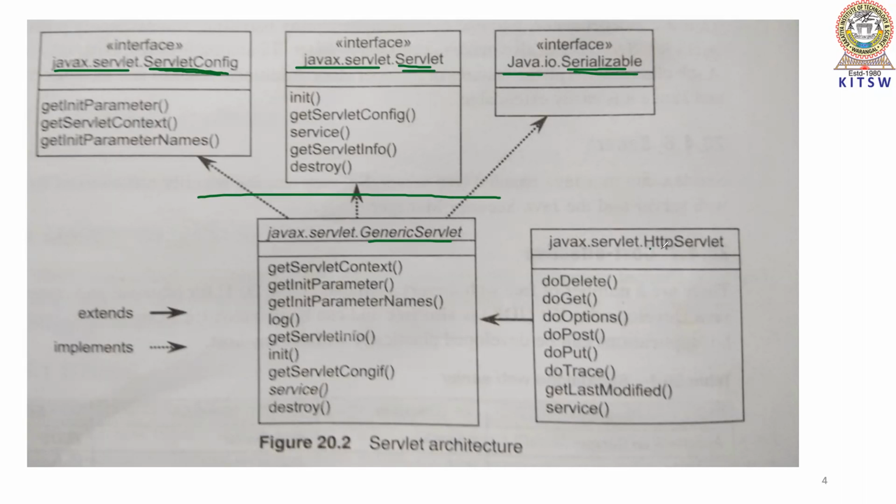Next, HTTP servlet. HTTP servlet extends generic servlet. Generic servlet implements servlet config interface, servlet interface, and serializable interface. Okay, this is the meaning of this diagram.